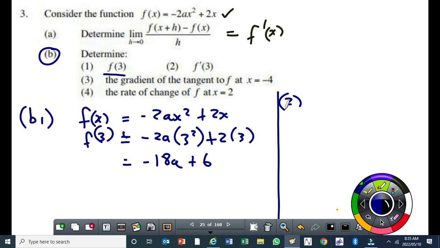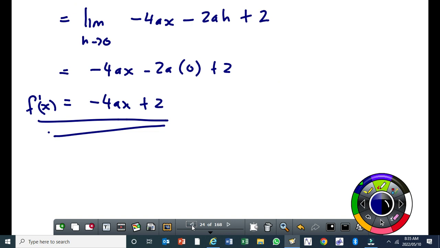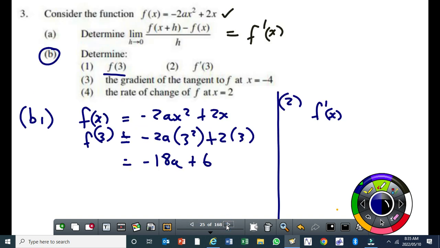So, we know that f prime of x is equal to this expression, minus 4ax plus 2. That's our gradient in terms of a and x.